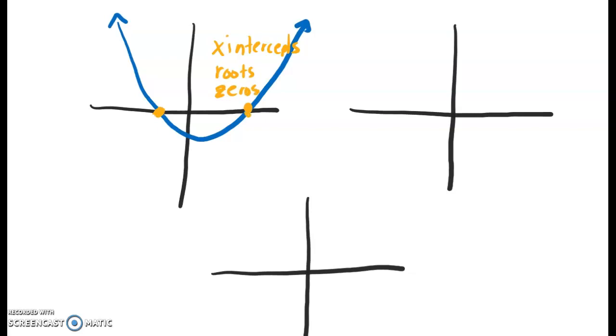So it's possible that the parabola crosses in 2 spots, and we would have 2 x-intercepts. It's also possible that the parabola looks like this. So it goes down, it touches, and then it goes back up, and it only touches in 1 spot. So you'll have 1 x-intercept. It's known as a double root.